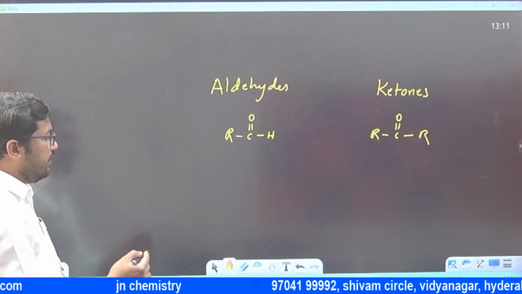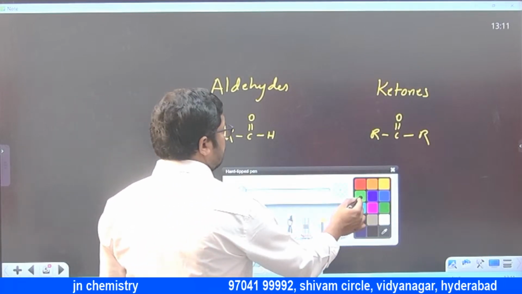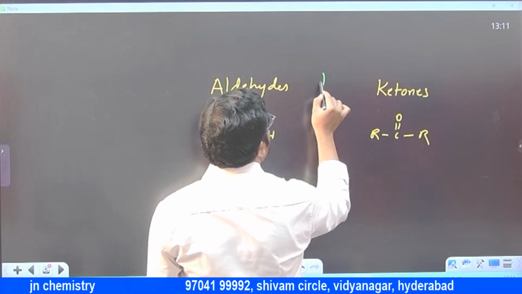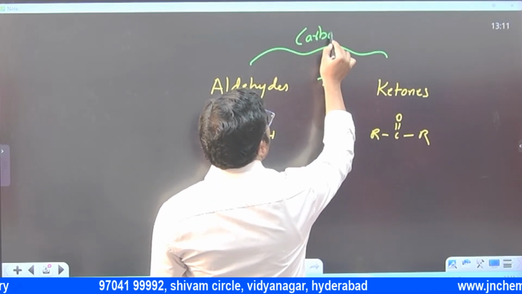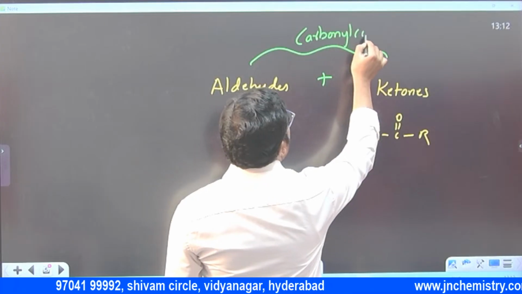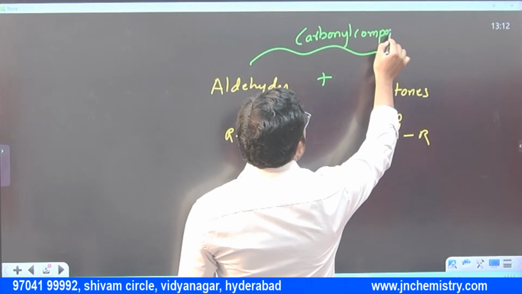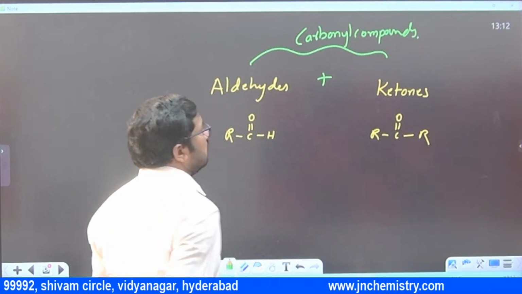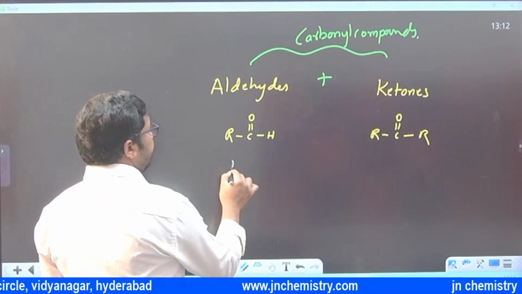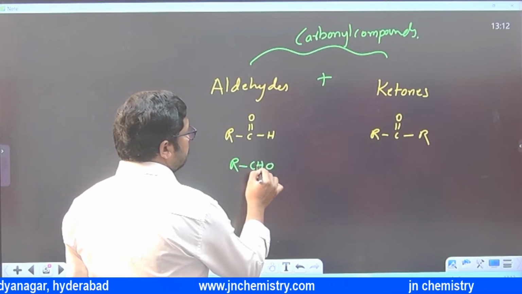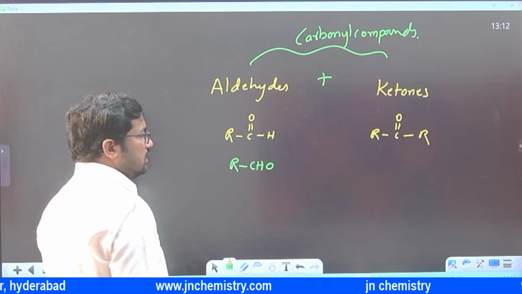So both combinedly we are calling as carbonyl compounds. Aldehydes, ketones combinedly we are calling as carbonyl compounds. So this aldehyde we can write RCHO like this also. So this is RCOR.